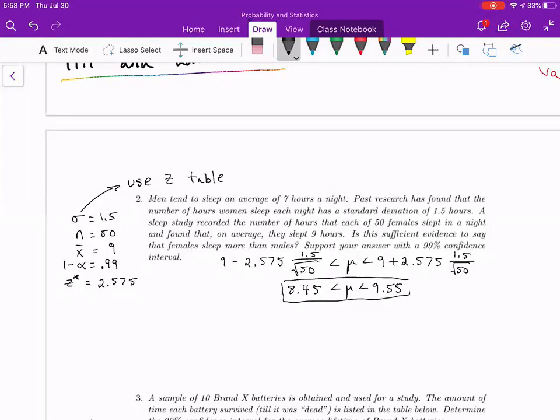Again, you should make sure that you are able to get the same values that I'm reporting here. I got an interval that mu is between 8.45 and 9.55.